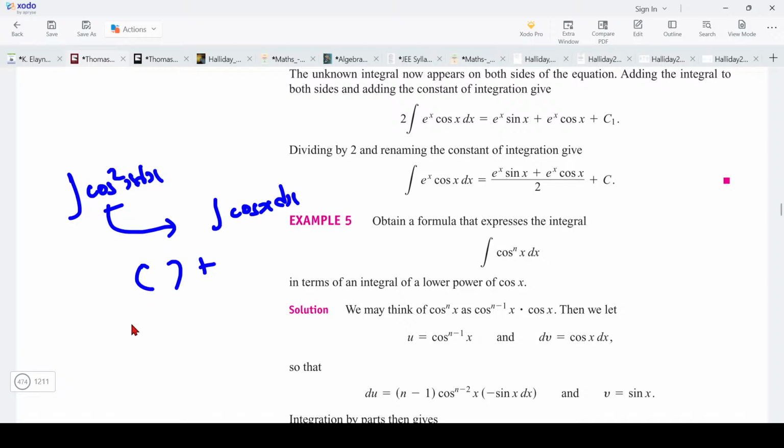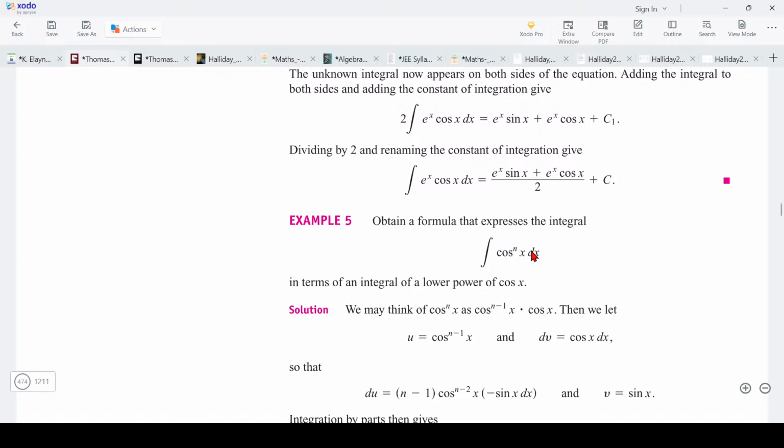Or say, for example, you have the integral of cos cube x dx or sin cube. We don't know what exactly this is. If there is a way of reducing this to something plus integral of cos square, then this will help, because cos square you are able to reduce to cos x. That is the goal here. Reduction means whatever the power is, we want to reduce it.